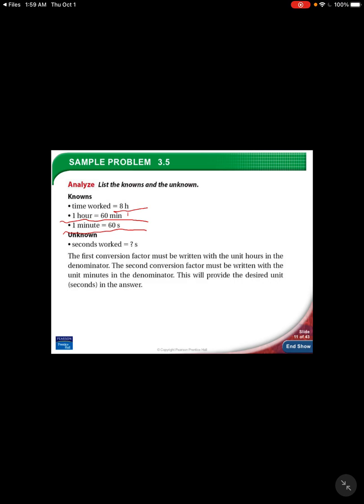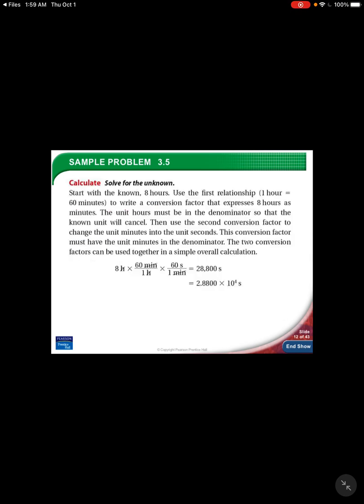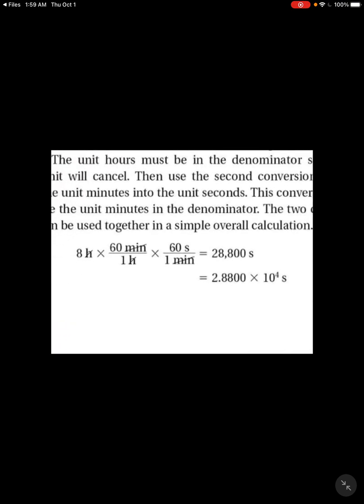What I want to do is get rid of my units here, the hours, and move my units to seconds, or S as our abbreviation. So here's the way it's set up. If I may enlarge this slightly, we'll have our original given value of 8 hours, and we'll multiply it by 1 in the form of a conversion factor, 60 minutes in an hour.